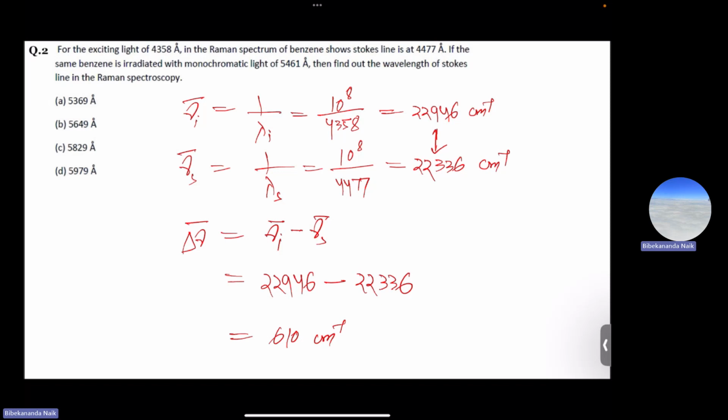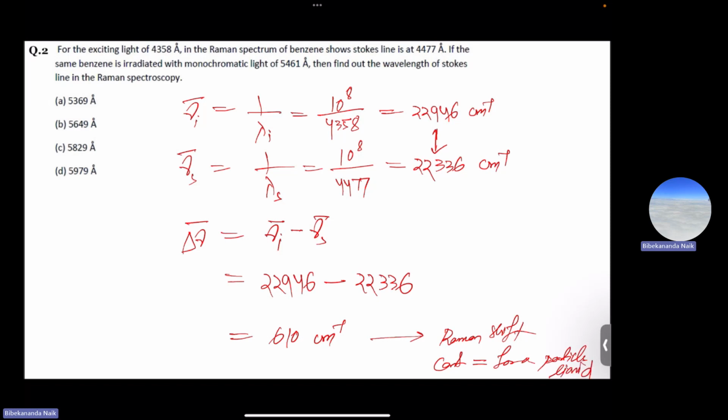Now in the second case, the same benzene is irradiated by another monochromatic light of different wavelength. Since the Raman shift is a characteristic feature of a particular liquid, if the same liquid is irradiated with different light, the Raman shift will remain the same. So this Raman shift is constant for a particular liquid.